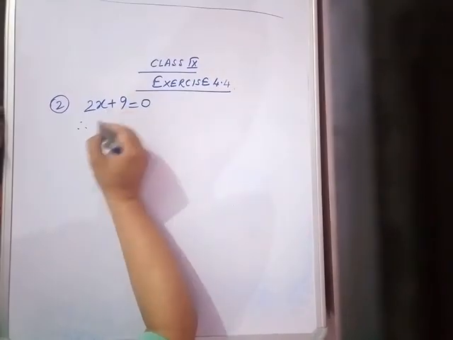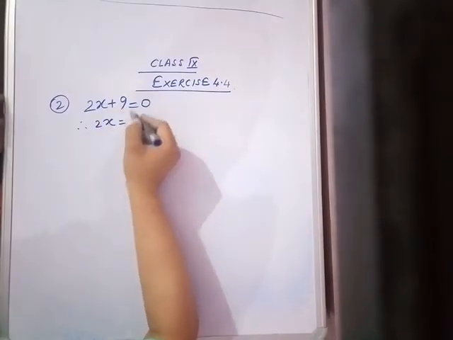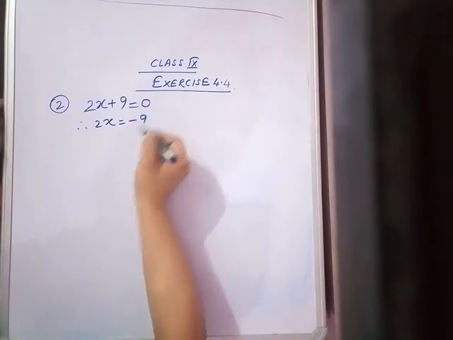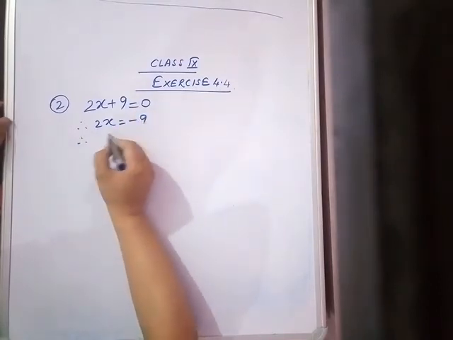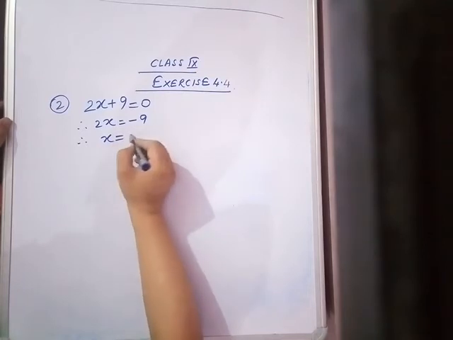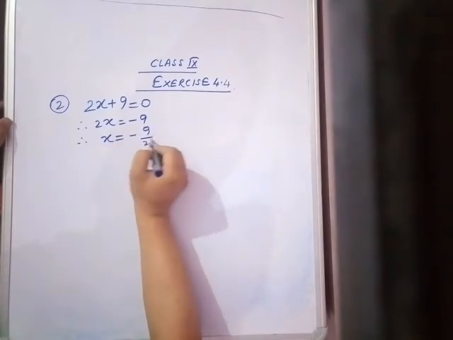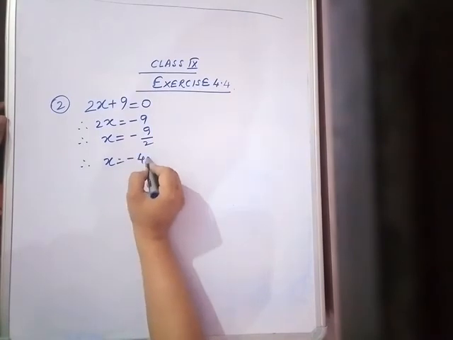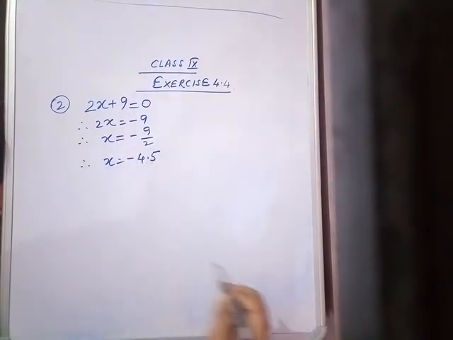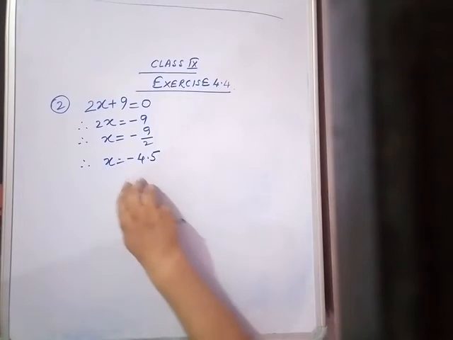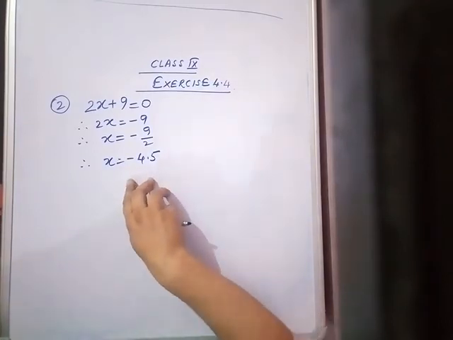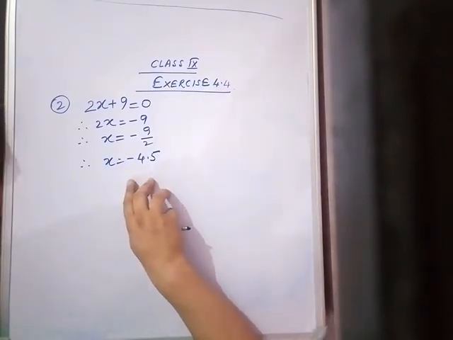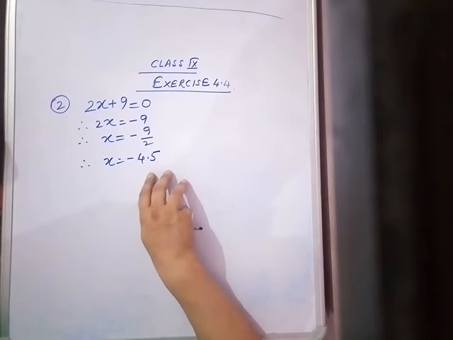It may be written as 2x equal to minus 9, therefore x equal to minus 9 upon 2, that is x equal to minus 4.5. Now this equation has a unique solution, which is a point on the number line.